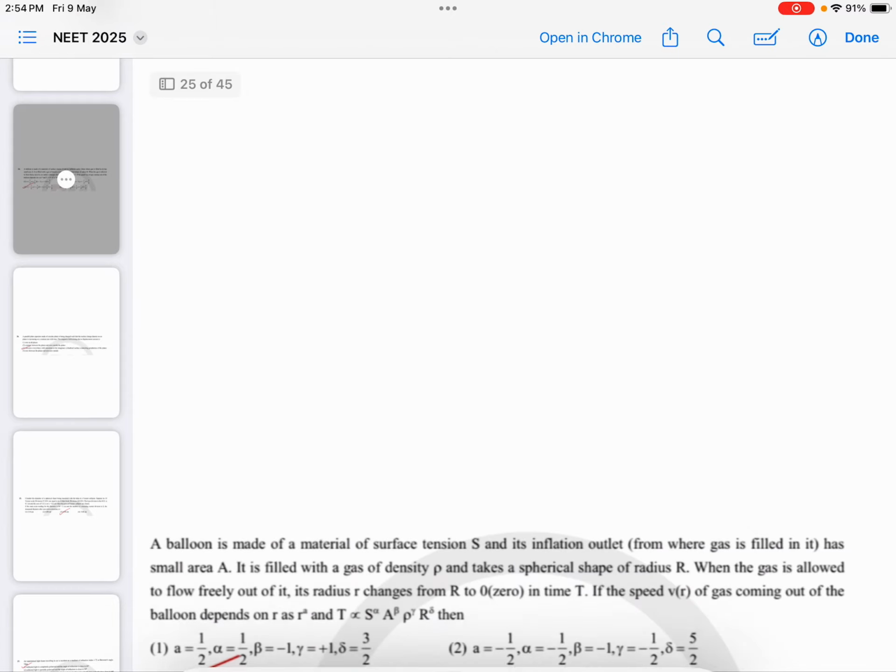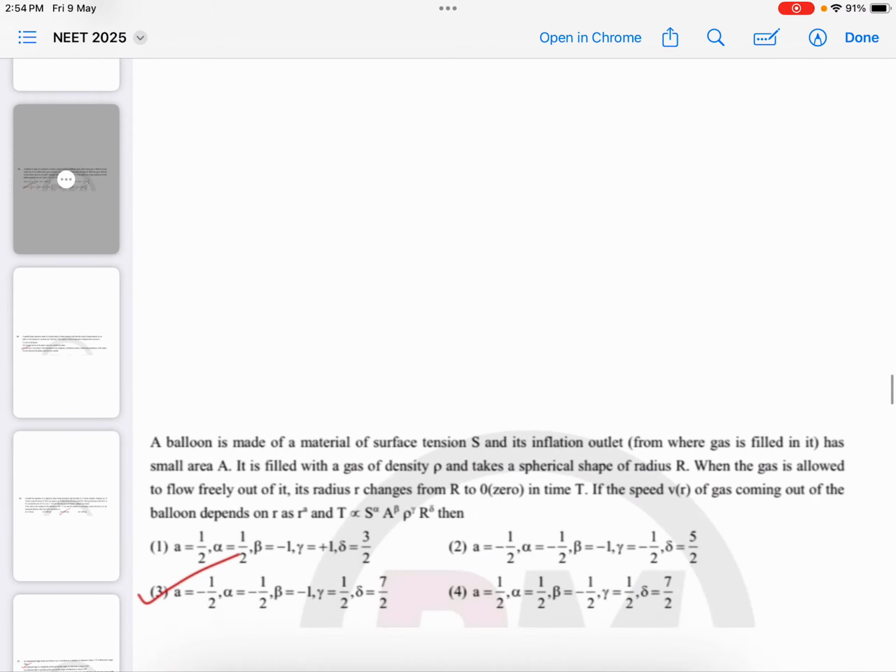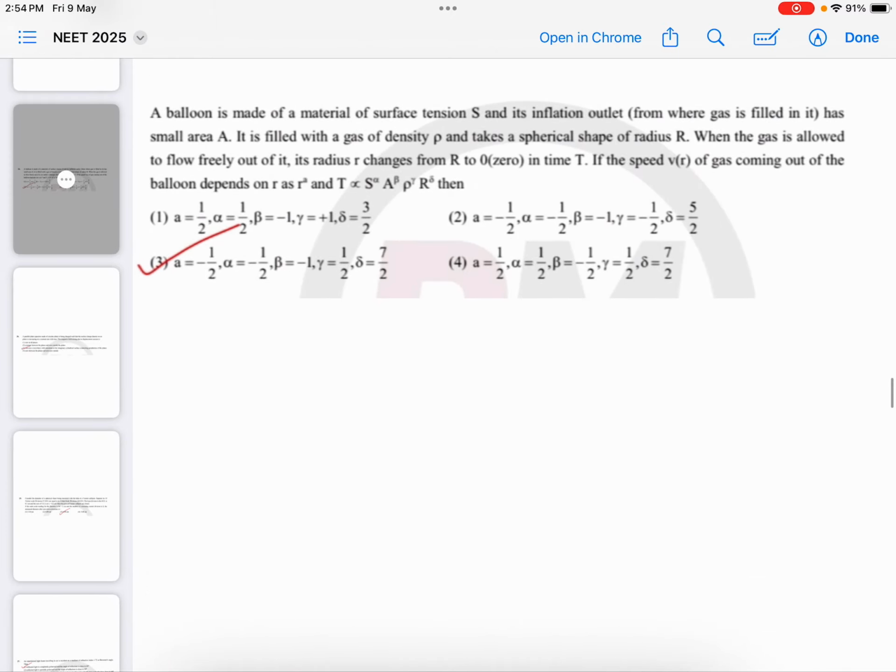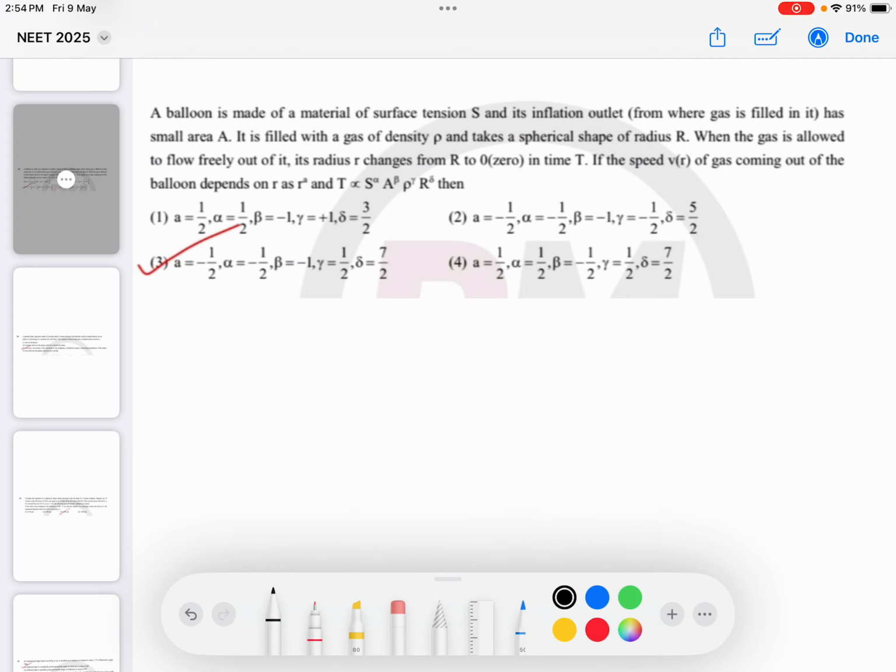Next question. Units and dimensions, a very simple question. A balloon of surface tension S has a small area filled with gas of density rho, with radius r. The gas is allowed to escape and the radius changes. The speed v of the gas coming out depends on these quantities.